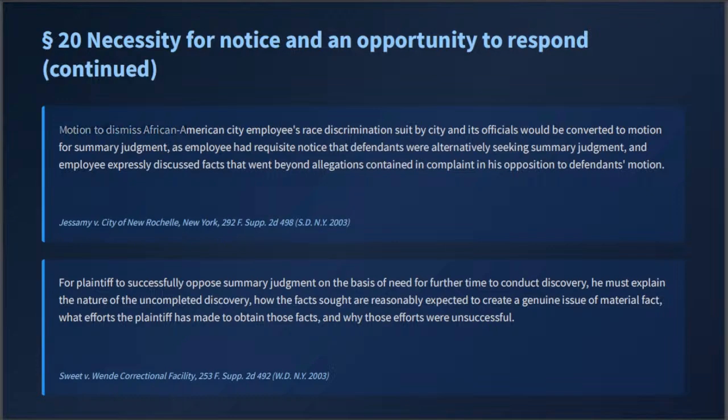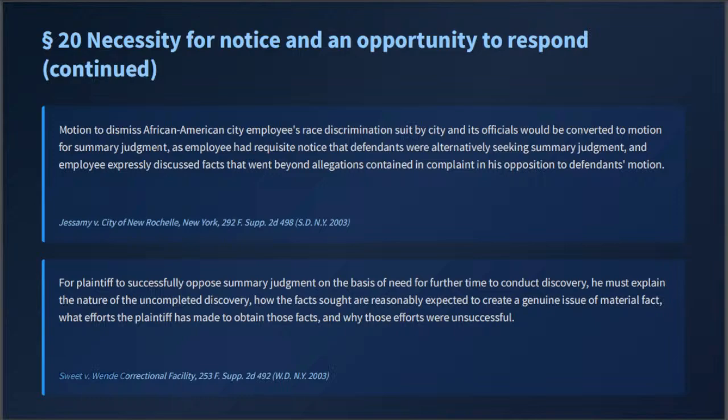Motion to dismiss African American city employee's race discrimination suit by city and its officials would be converted to motion for summary judgment, as employee had requisite notice that defendants were alternatively seeking summary judgment, and employee expressly discussed facts that went beyond allegations contained in complaint in his opposition to defendant's motion. Expressly discussed the facts. Yeah, be careful what you say. See where that got him.